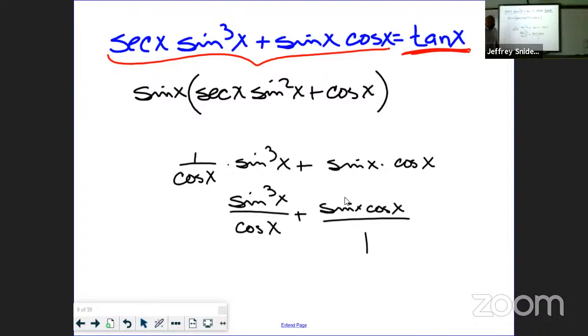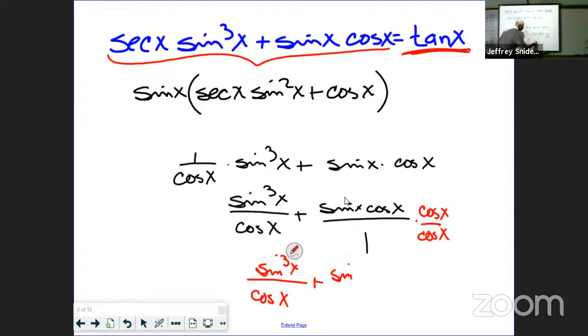So right here, I could take this and multiply it by cosine x over cosine x. So I would get sine cubed x over cosine x plus sine x cosine squared x over cosine x. That would be completely fine to do. That's just using algebra skills.